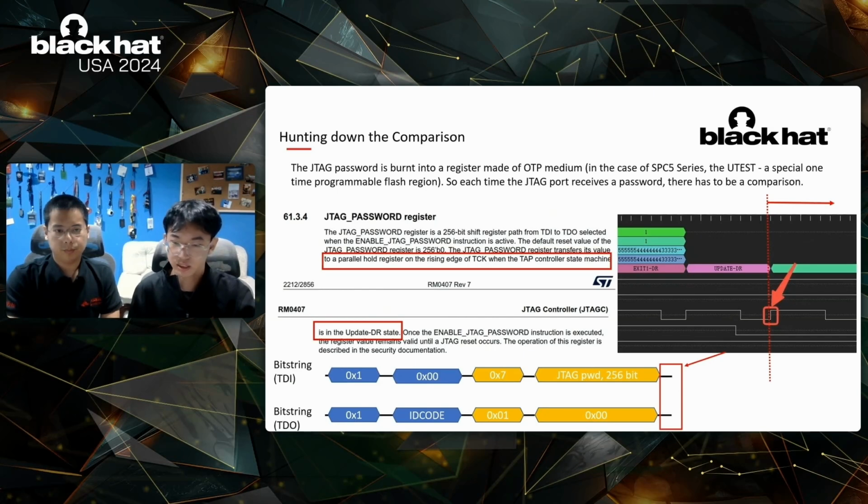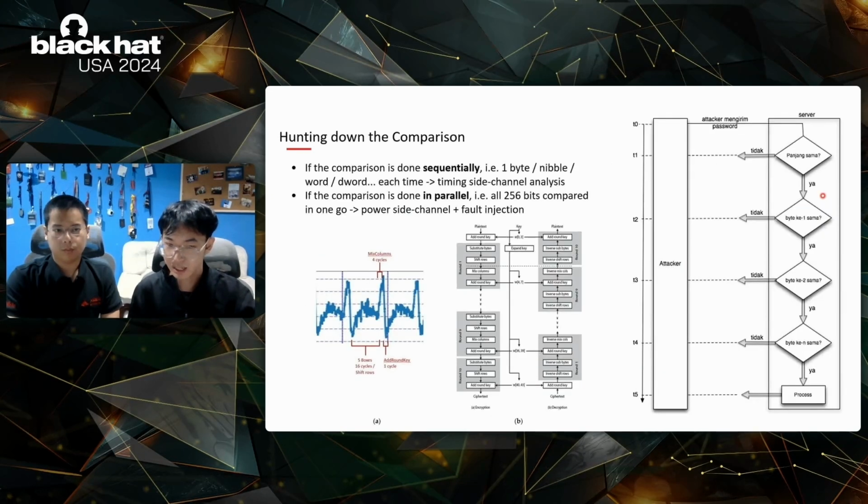According to the datasheet, the value in the JTAG password will be further transformed after the rising edge of TCK in the update DR state, as shown in the red box in the figure, and then the JTAG password will be compared against the JTAG password in the SPC5 OTP memory. Therefore, the time for comparing the password should be after the rising edge of TCK in the update data state, marked with the red line.